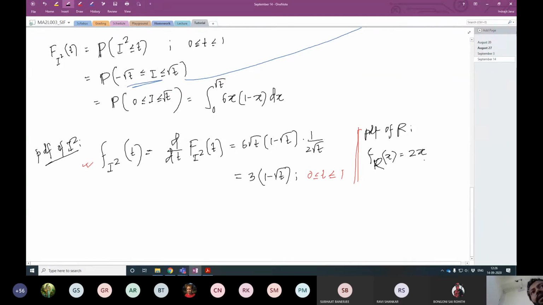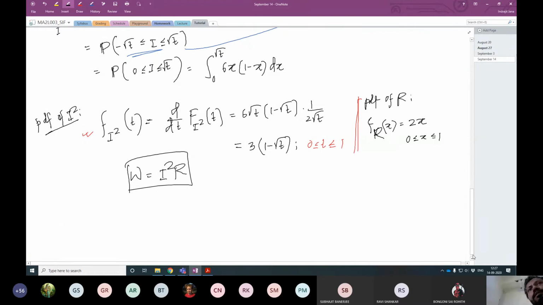So that would imply the PDF of W, and it is given that W equals I square times R. So the PDF of W is going to be the product of those two PDFs.